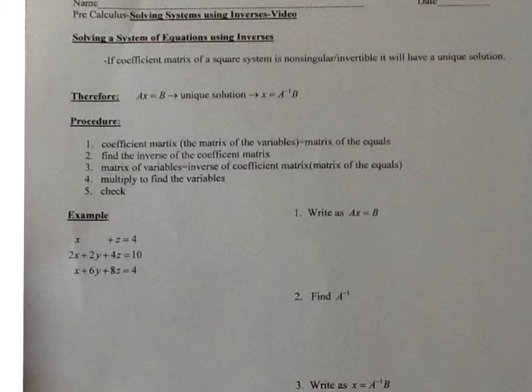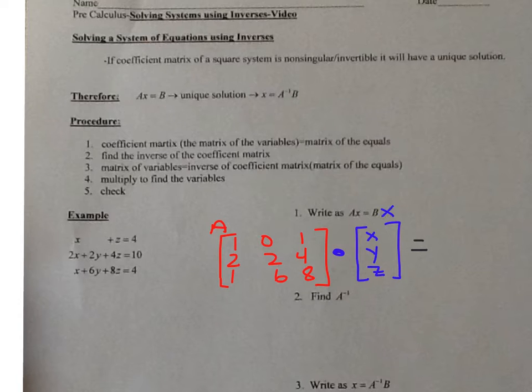So let's set up our coefficient matrix, this is your A: 1, 0, 1, 2, 2, 4, 1, 6, 8, times your variables, X, Y, and Z, equals B. Your B is what your system equals, so your B is going to be 4, 10, and 4.